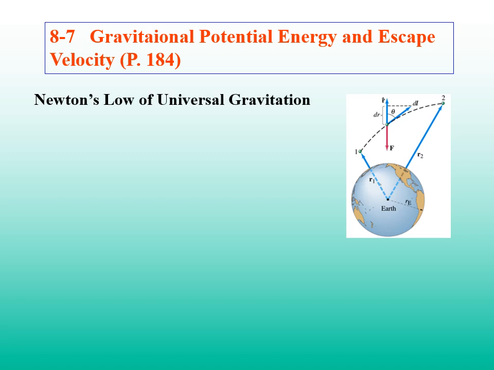Newton's law of universal gravitation says that every particle in the universe attracts every other particle with a force that is proportional to the product of their masses and inversely proportional to the square of the distance between them.